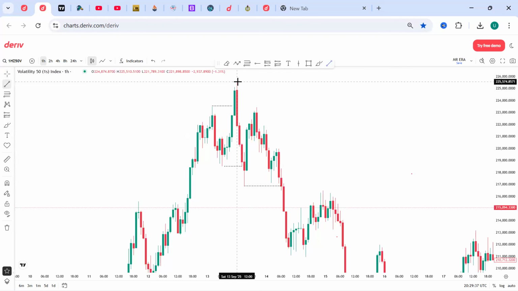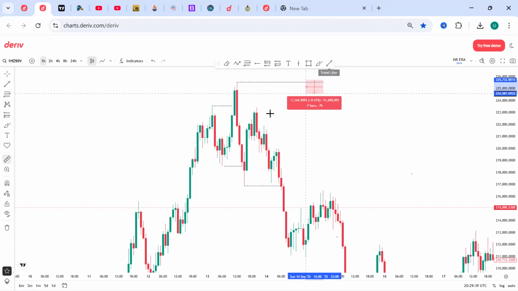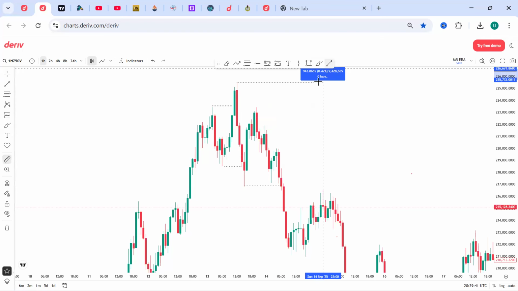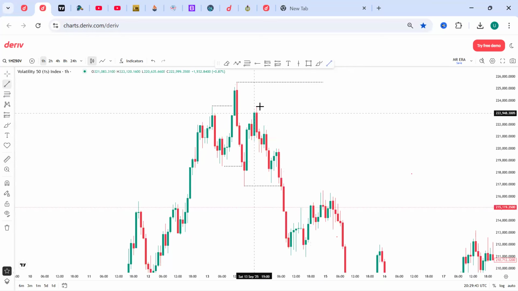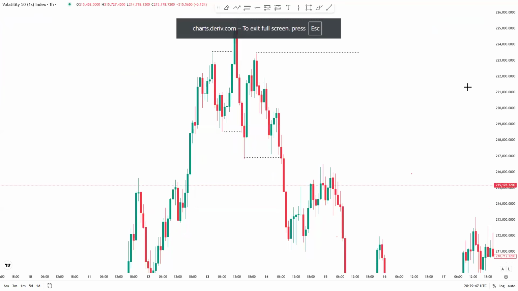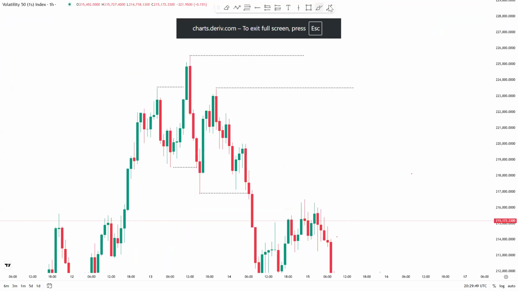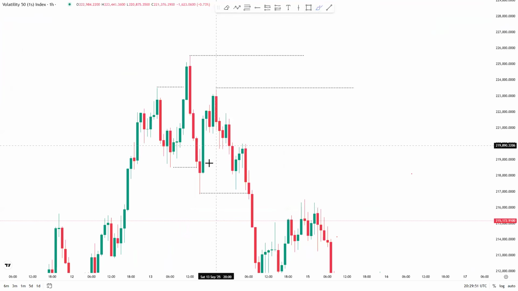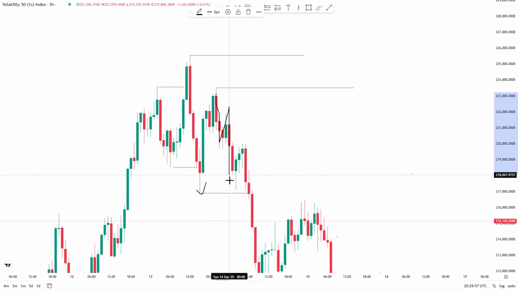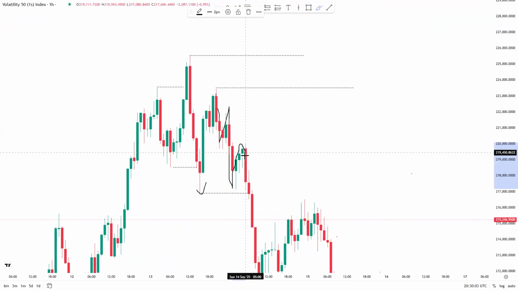This is your valid A. This is your B. Now, before price broke your A, it did this. Before price broke this place, it did this. It came down, pushed, and did as if it wanted to buy to the upside and failed.